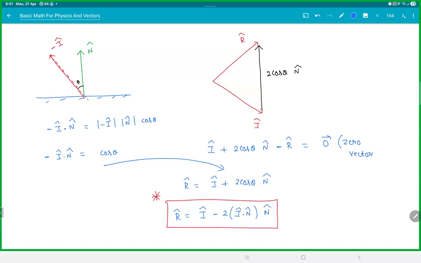So I cap minus 2 times I cap dot n cap into n cap. Remember, I cap dot n cap is a scalar quantity. You should definitely try to derive this on your own. So tomorrow, take a rough paper and just try to scribble it. So, copied? Any doubts on the derivation?